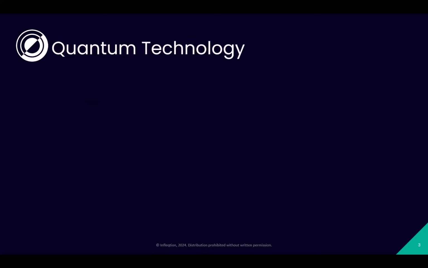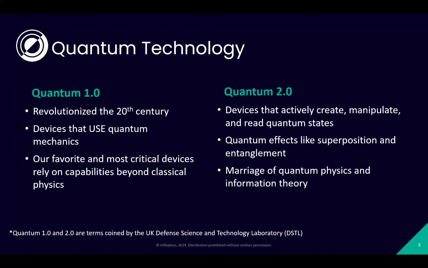So let's start with just an overview of quantum technology. You can split quantum technology into two different historical phases, 1.0 and 2.0. 1.0 is what we have been living in and revolutionizing the last and current century. These are devices that are quantum enabled.